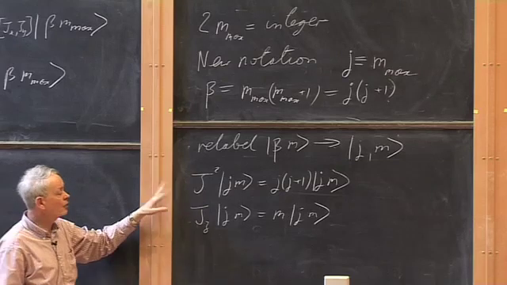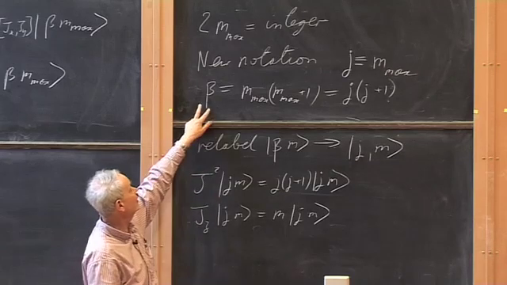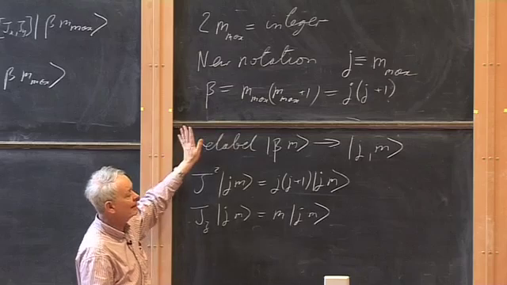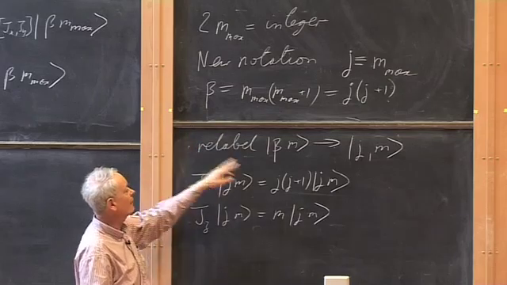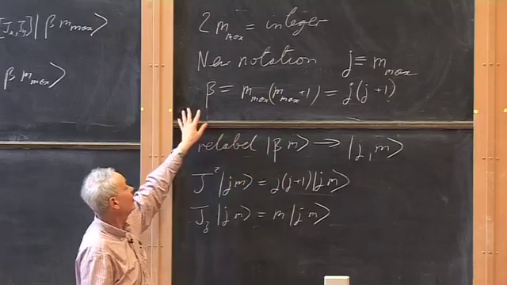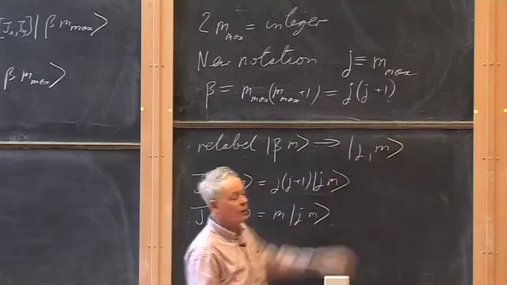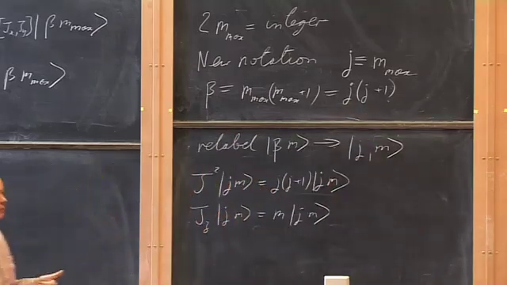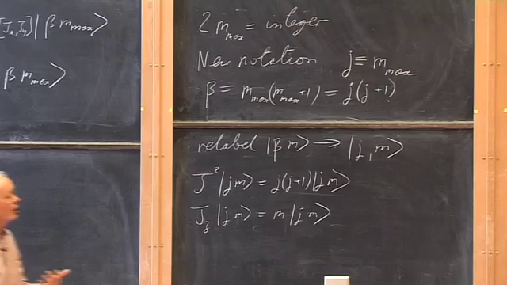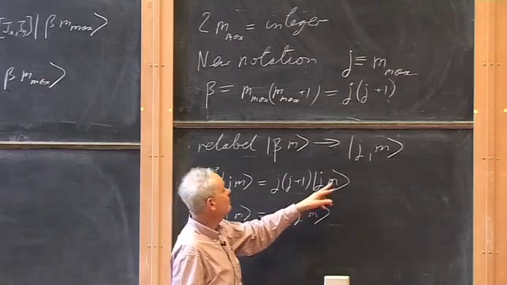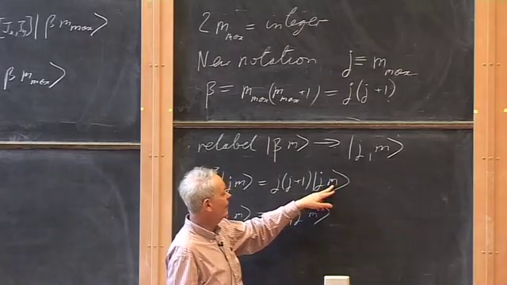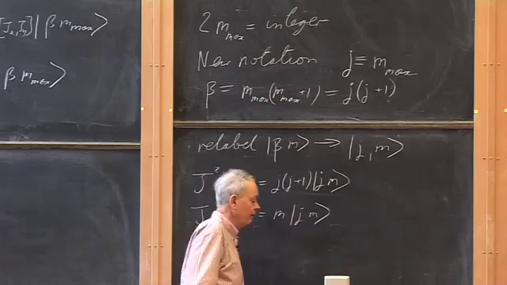So we've changed notation only because we've discovered that the numbers beta are themselves rather unpleasant and don't make for handy labels, but they are related through this equation to something that's very simple, which will be an integer or a half integer, and moreover, tells us immediately what the largest value of m is that you are allowed to have.